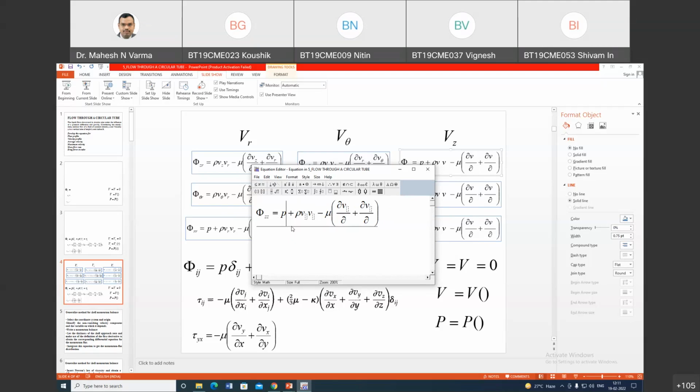Why? Sir, dou ij is like dou ZZ, so it will convert into 1. Then rho Vz into Vz minus mu into dou Vz by dou Z plus dou Vz by dou Z. Okay.